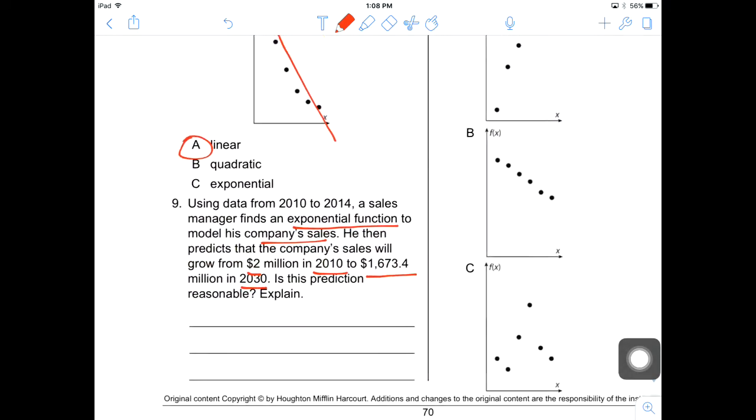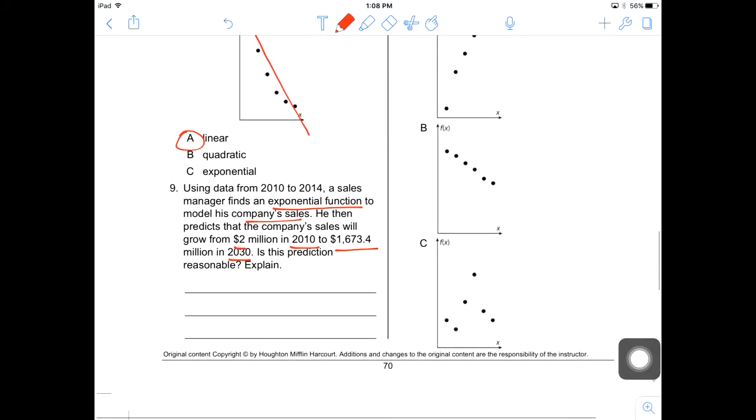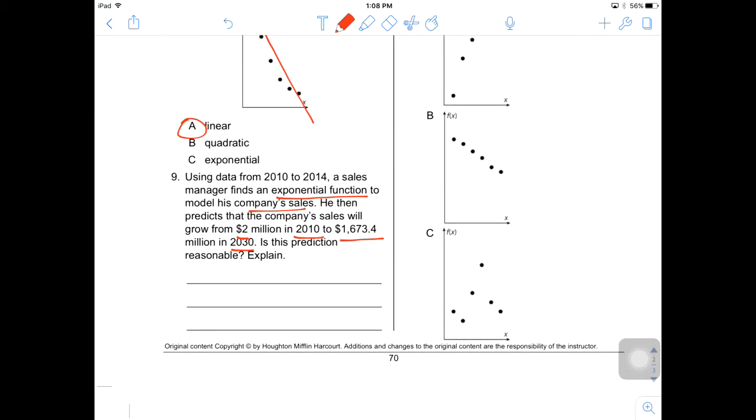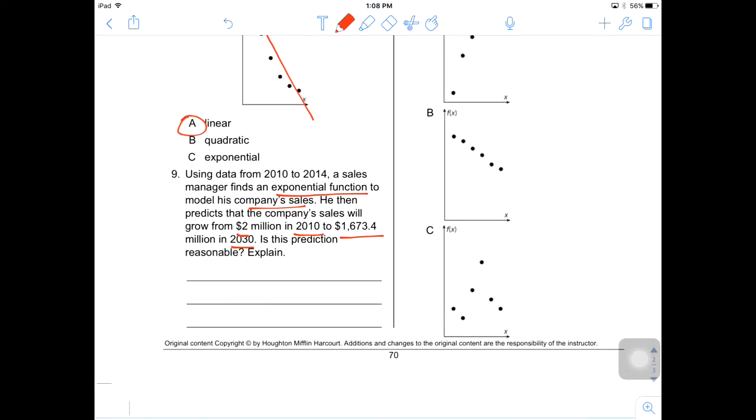So if we are only using 4 years of data to assume that it's going to be the business model for the next 20 years, that's actually shaky. So I think the answer should be no, because the model that is based on 4 years of data should not be used, because this pattern in the real world may very well not continue. So that's not a very stable set of data.